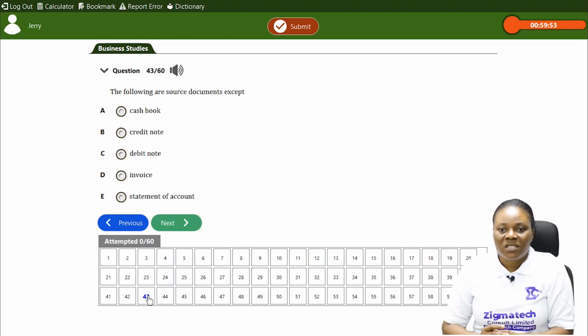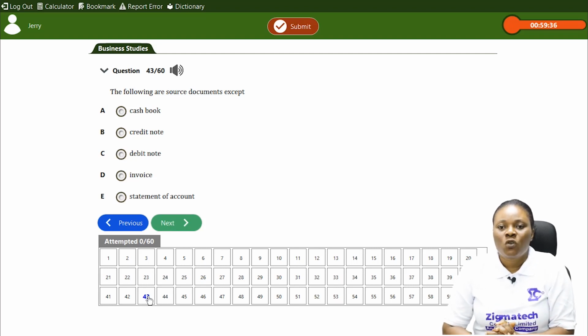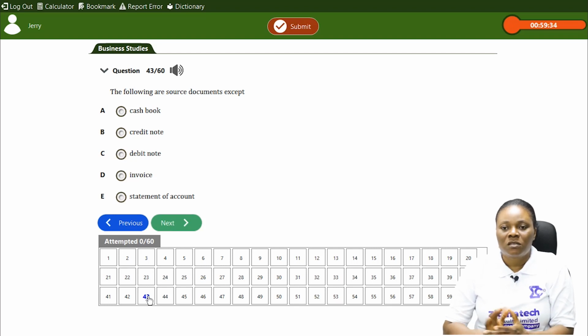The next question says, the following are source documents except dash. We have looked at various source documents, both in the first part and the second part. So which of these is not a source document? Remember I also said another name for office documents is source documents, so don't be confused.